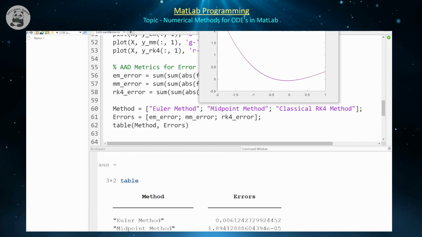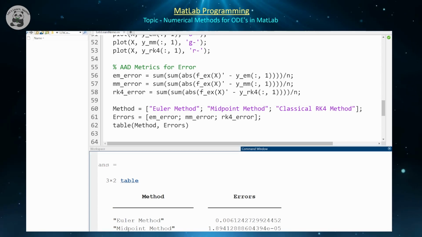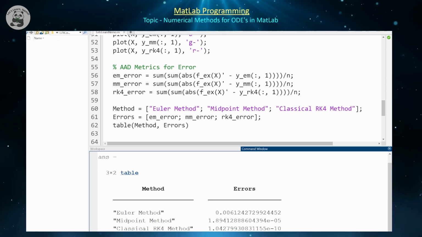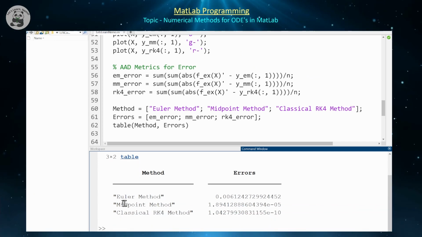So if we just look at the quantitative methods over here, what we have here is an Euler method, which has an AAD of 0.006. Midpoint is 1.89 times 10 to the minus 5, which is 0.0000189.